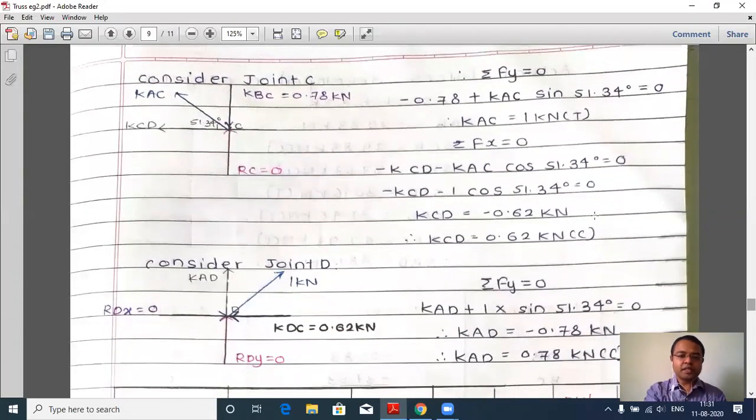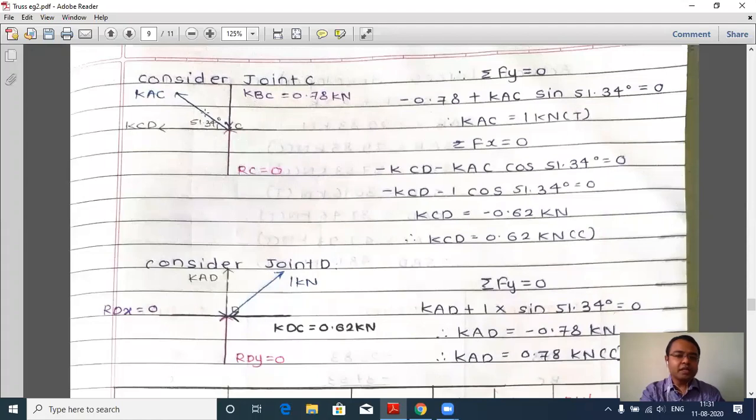Next, consider the free body diagram of joint C. Apply summation Fy equal to 0 and summation Fx equal to 0. Again, we assume the direction.